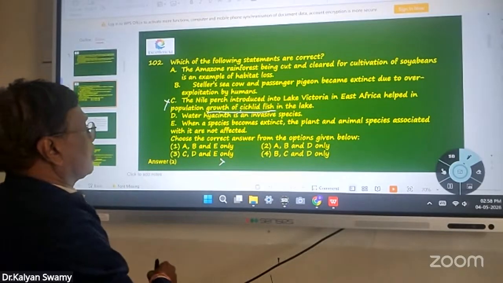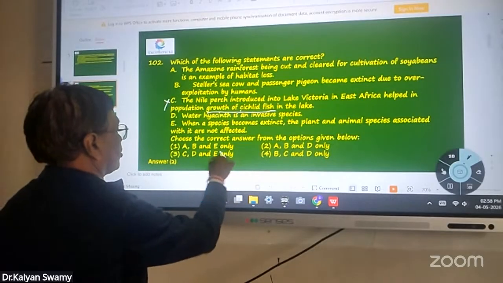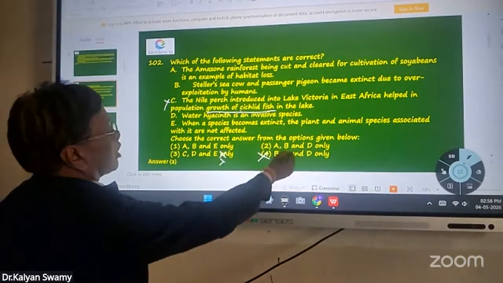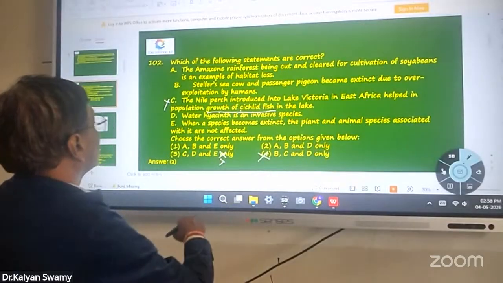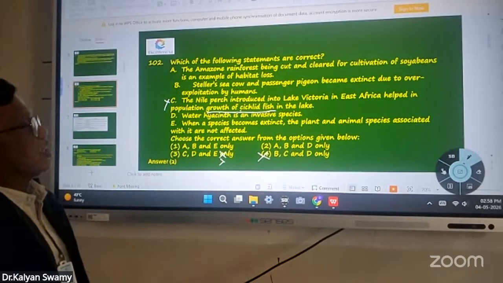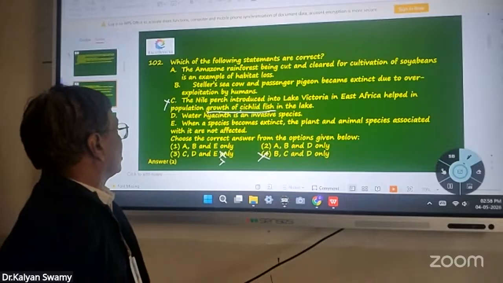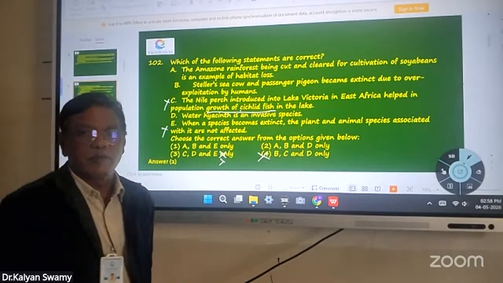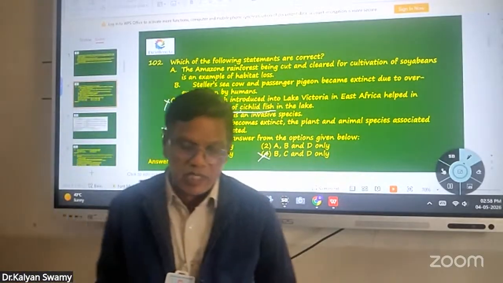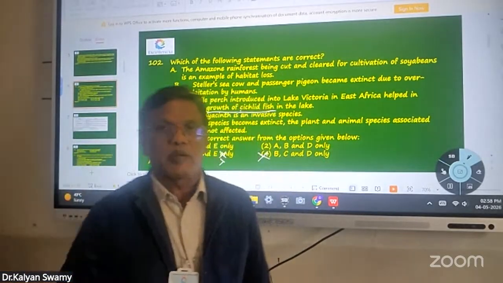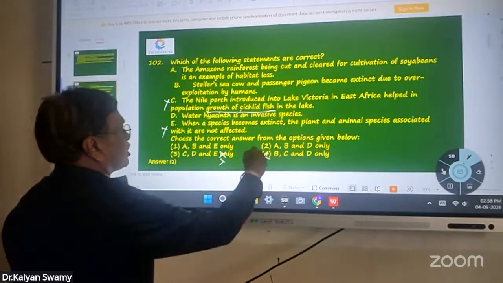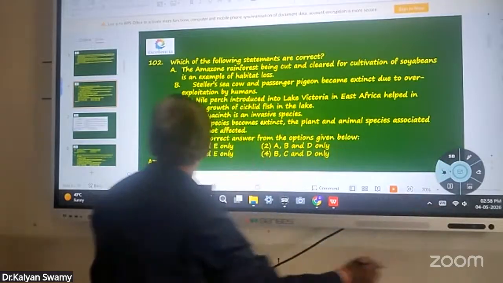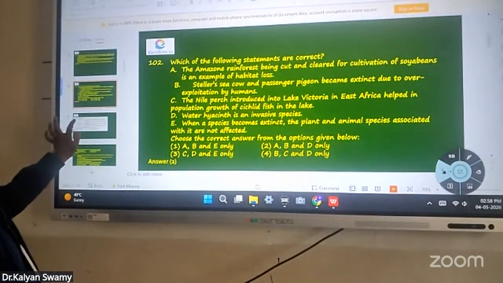Immediately we see that this is wrong, this is wrong, and A, B, and E remain. Between the two of these, go for: when species become extinct, the plant and animal species associated with them are not affected. This is wrong. That is co-extinction: when one of the partners becomes extinct, automatically its partner becomes extinct. That is why the answer is the second option. In this way, we can save time.